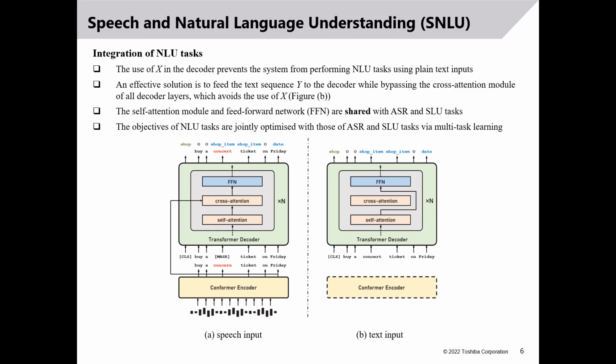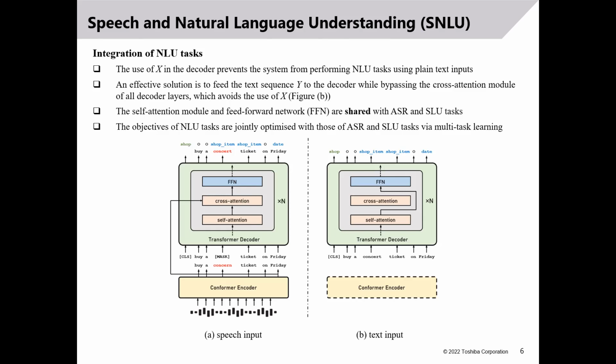A simple solution is to feed the text sequence into the decoder directly. In this case, we don't touch the encoder at all. On the decoder side, we also bypass the cross-attention module of all the decoder layers, so that this would avoid the use of X, as we can see in figure B.